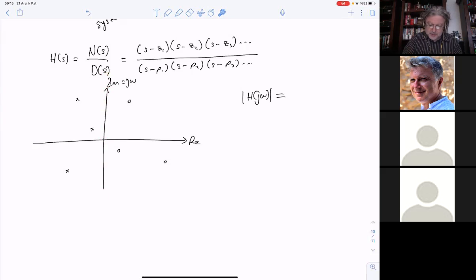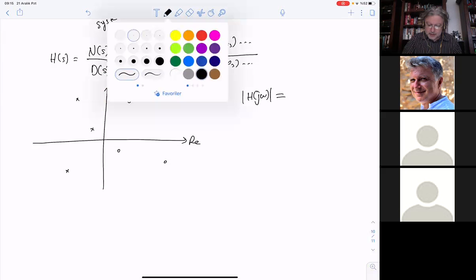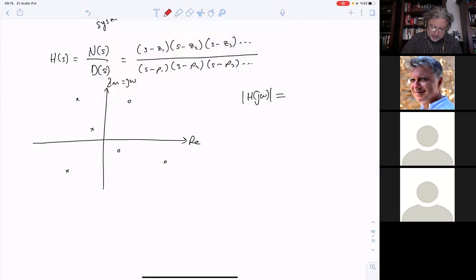So on that frequency axis, let's say this point is the frequency that we arbitrarily choose, then we will alter it, of course. This is omega. For this omega, what's the distance between the poles and the zeros and this point of omega?